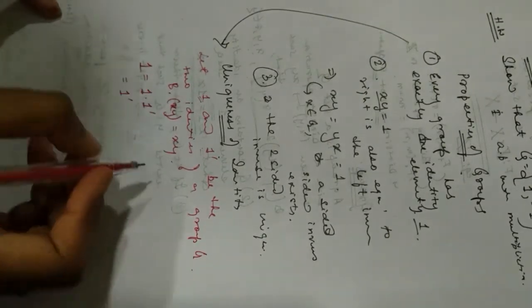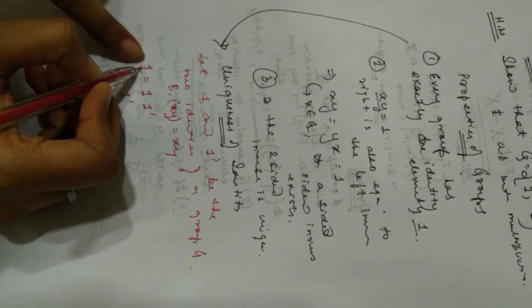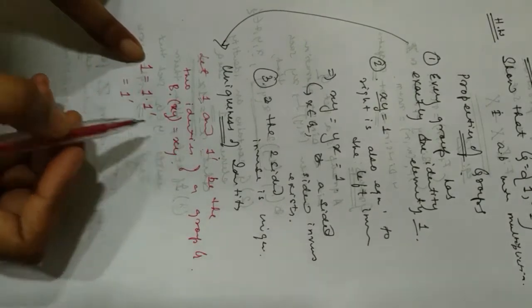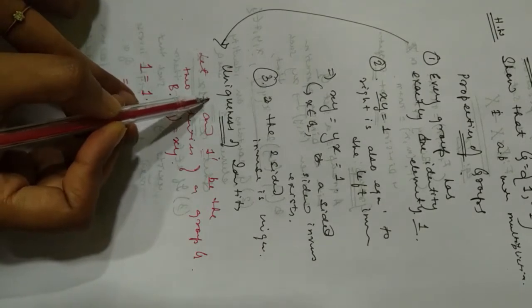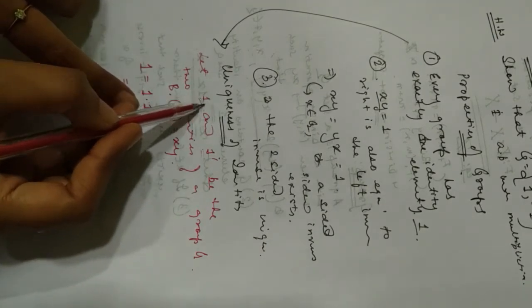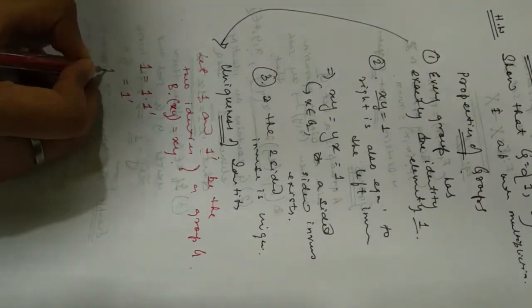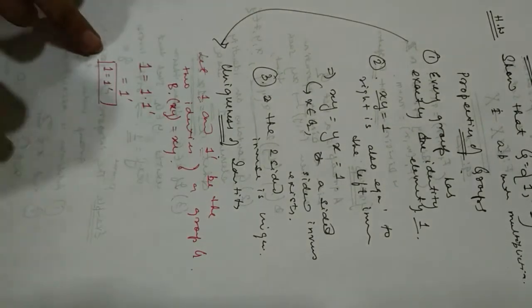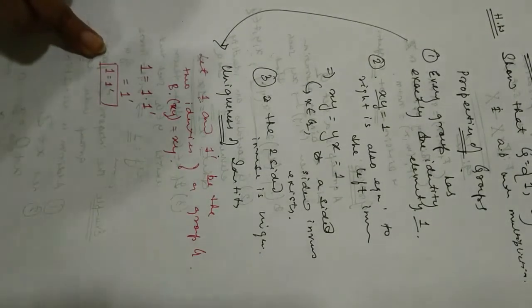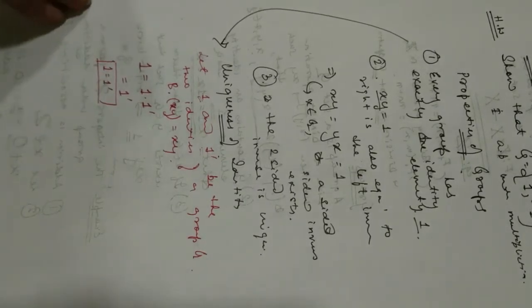So finally what we get is 1 is equal to 1 prime. That means there cannot be two identity elements in a group. Both of them have finally come out to be equal, right?